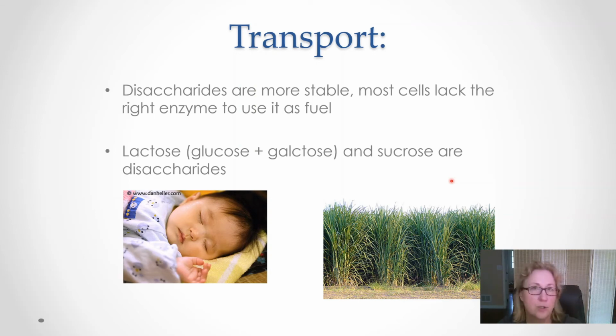And then it goes to the baby mammal, whatever kind of mammal it is, whether you're talking about a human or a goat or whatever else. The reason that lactose has become anything of concern is because most humans, by the time they're an adult, have lost the ability to digest lactose. Their gut no longer makes the right enzyme, lactase, to break the bond between the glucose and the galactose.